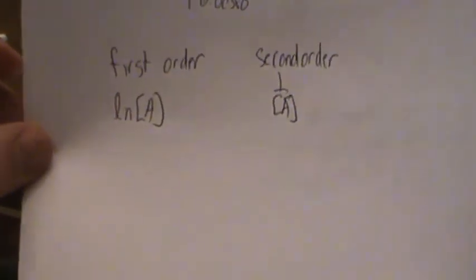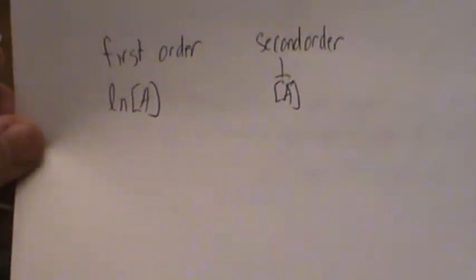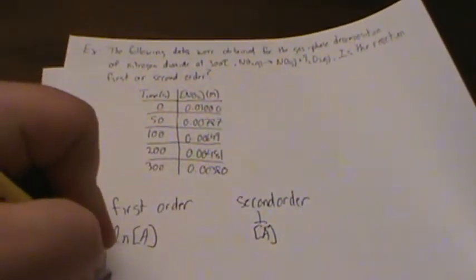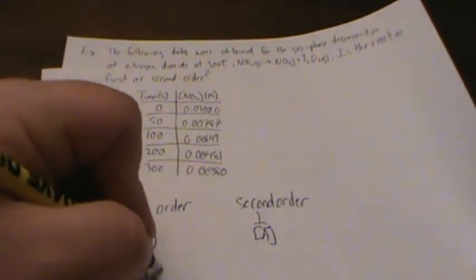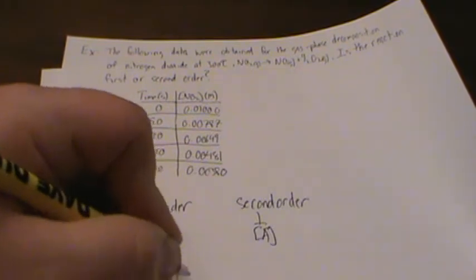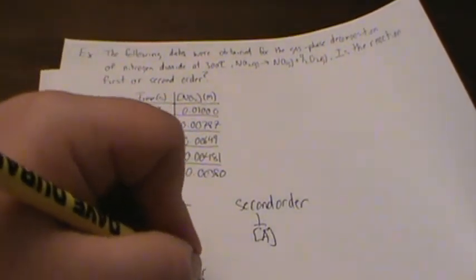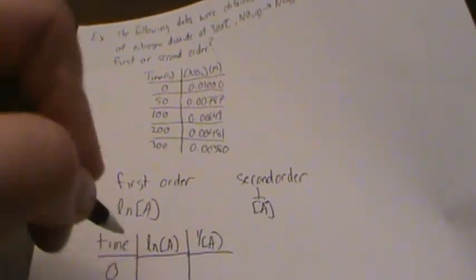Okay, so what we're going to do is figure out what the natural log is for each concentration, and figure out what the inverse is. We're going to just make a table at first: time, natural log of the concentration, inverse of the concentration. Okay, time still stays the same: 0, 50, 100, 200, 300.